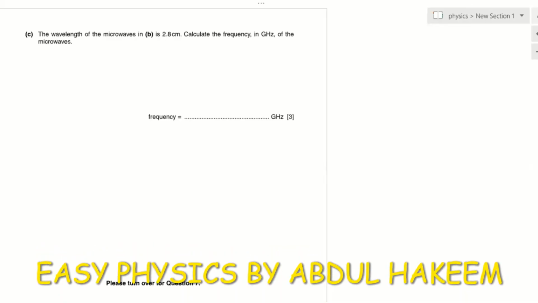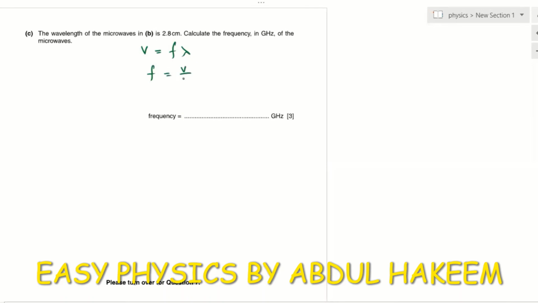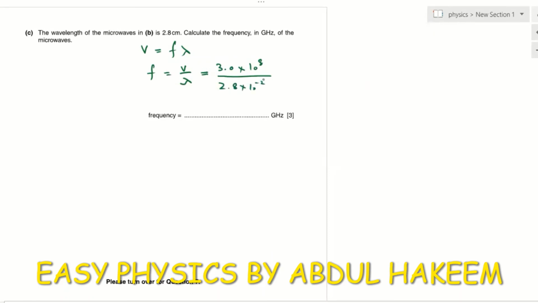The question is, the wavelength of the microwave is 2.8 centimeters. Calculate the frequency in gigahertz of the microwave. So v is equal to f lambda. f is equal to v divided by lambda. Microwave is an electromagnetic wave, so its speed is 3.0 × 10^8, the speed of light, divided by wavelength 2.8 × 10^-2, because centimeter is converted into meter.